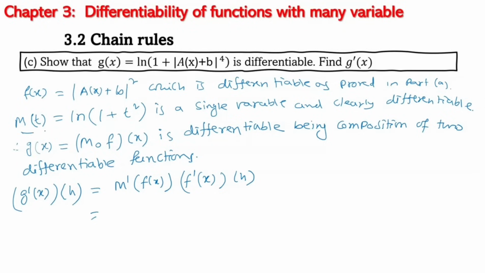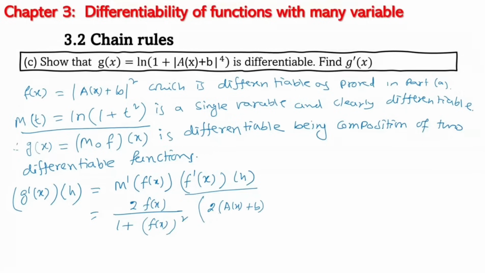So m dash is 2 f of x over 1 plus f of x whole squared, and f dash x h we already calculated. So this is equal to that multiplied by 2 (Ax plus b) dot Ah.